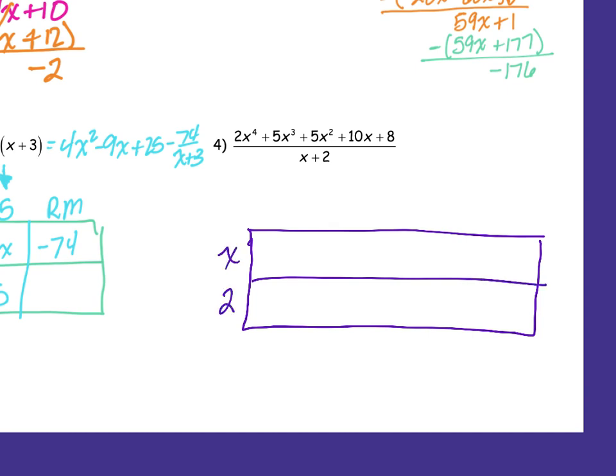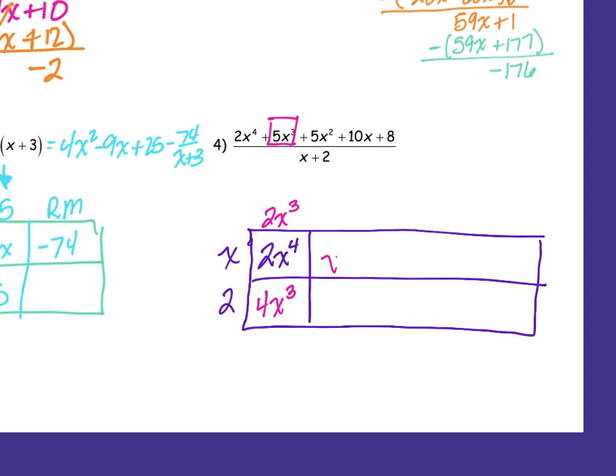And the first term I want to get is 2x to the 4th. So what am I multiplying x by to get 2x to the 4th? Well, that would be 2x to the 3rd. And 2 times 2x to the 3rd is 4x to the 3rd. And what do I add to 4x to the 3rd to get 5x to the 3rd?